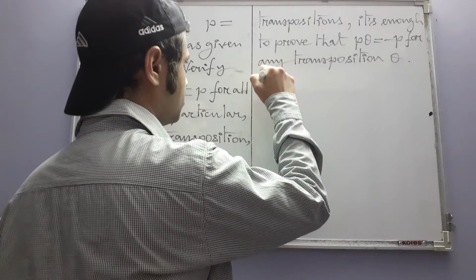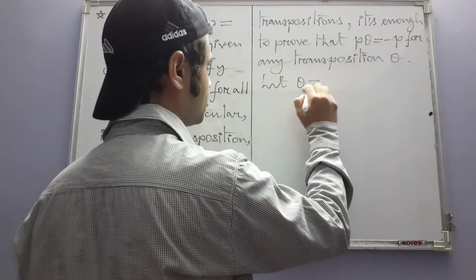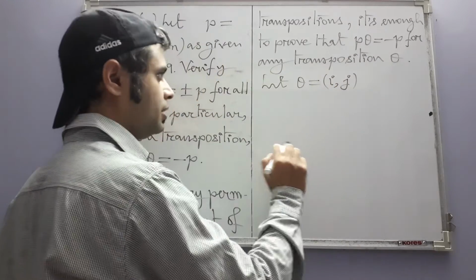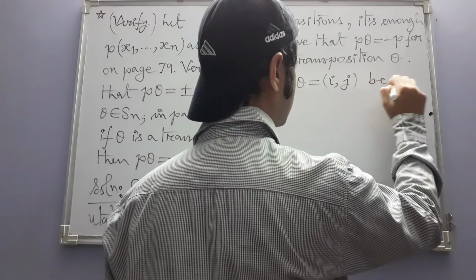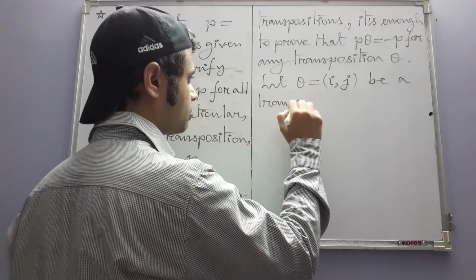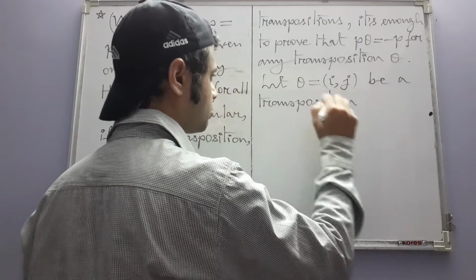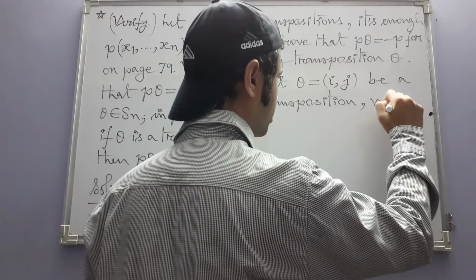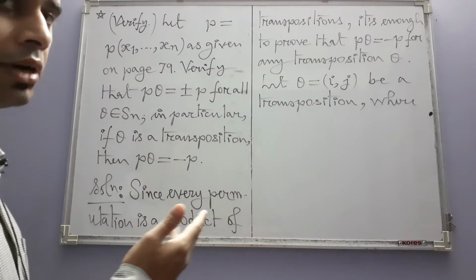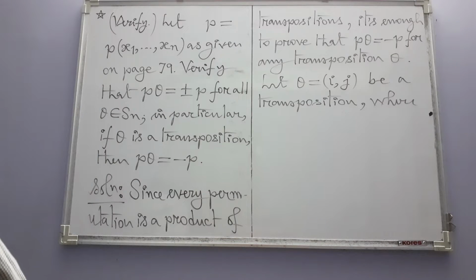So let theta equal to (i, j) be a 2 cycle or a transposition, where these i and j are of course some symbols lying between 1 and n, and they are different of course, otherwise it won't be a 2 cycle.